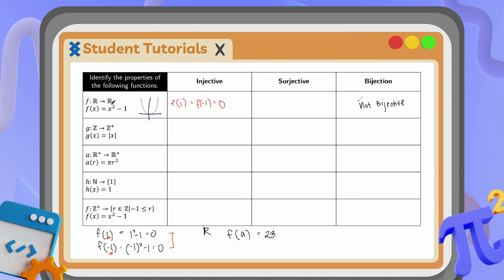Is there such a value of a in all real numbers that would generate 23? There would be actually, because that's the square root of 24. If we square that value minus 1, that would equal 23.